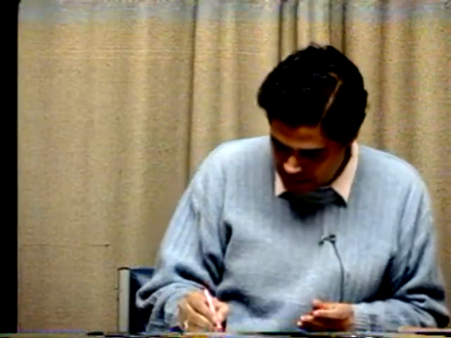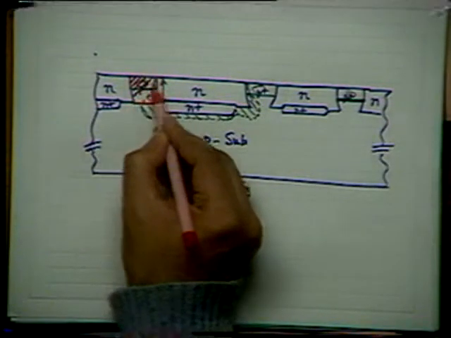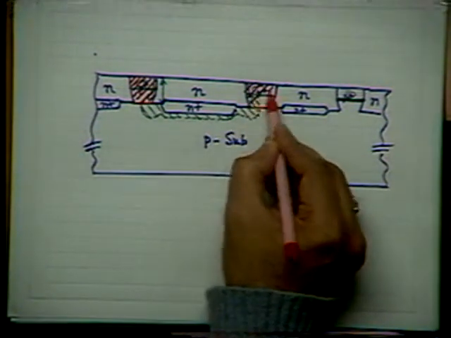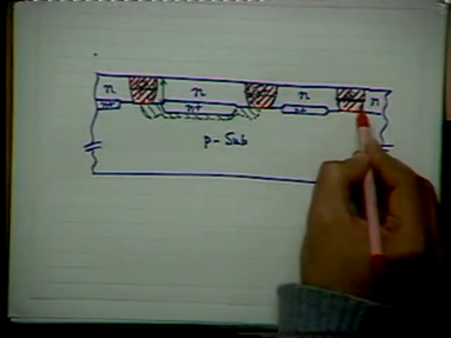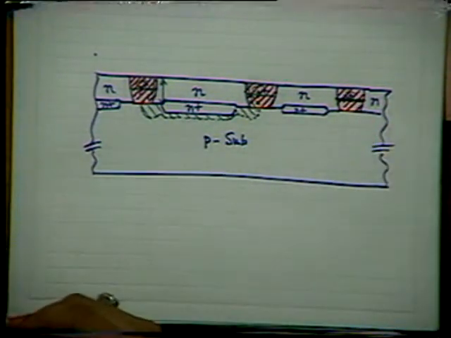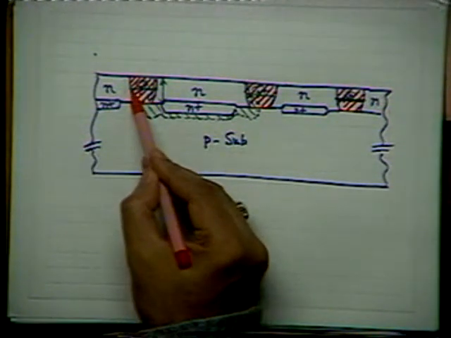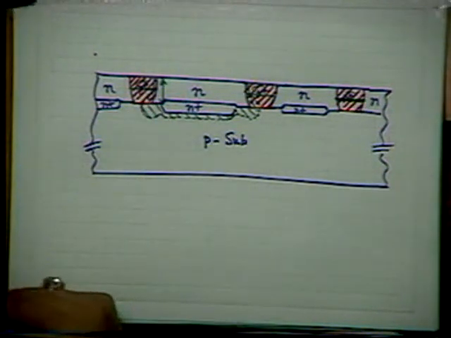So what will happen as a result? Ultimately, after some time, this whole region will be converted into silicon dioxide, and this original silicon interface will now come here. I think you understand that.